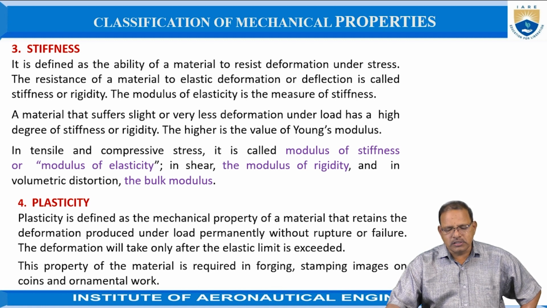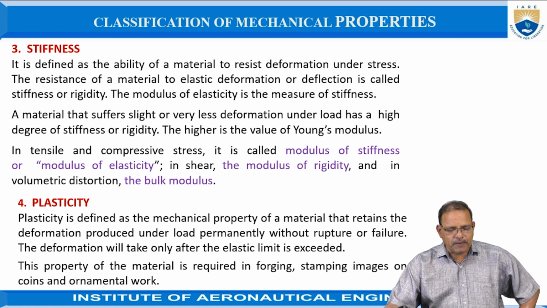The higher the value of Young's modulus, the higher the stiffness. In tensile or compressive strength, it is called modulus of stiffness or modulus of elasticity. In shear, it is modulus of rigidity, and for volumetric distortions it is bulk modulus.